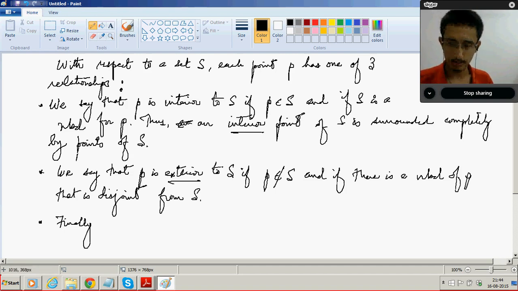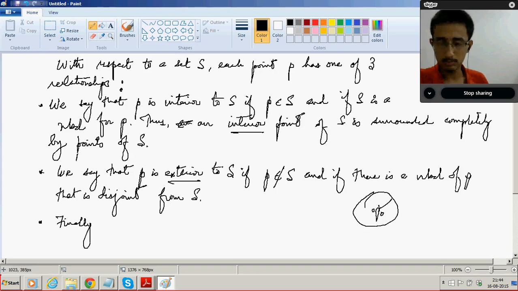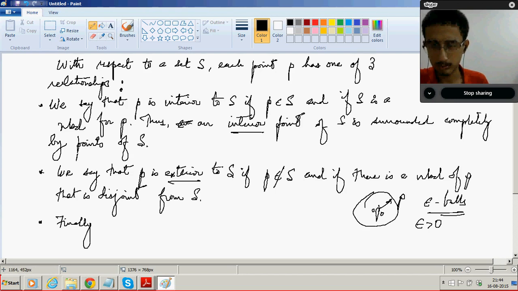So P0 is here, and all points P lie at a distance less than rho. Rho is our own choice, and we could extend rho to any value. Generally we call them epsilon balls, with epsilon greater than 0, just slightly greater than 0. We will play with it a lot.